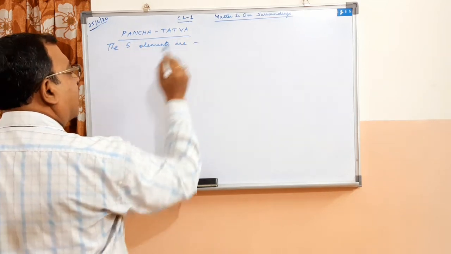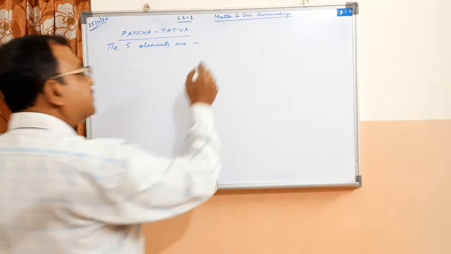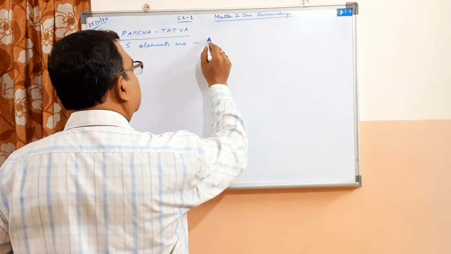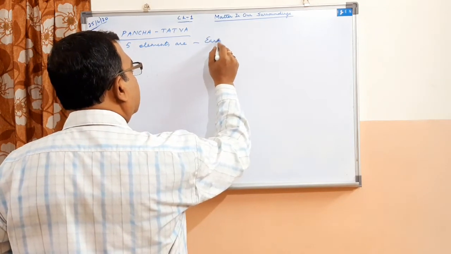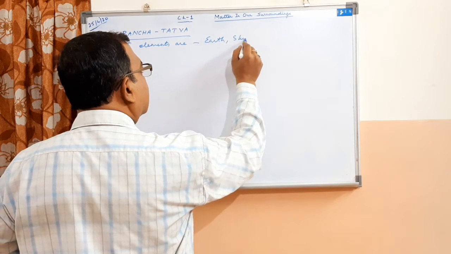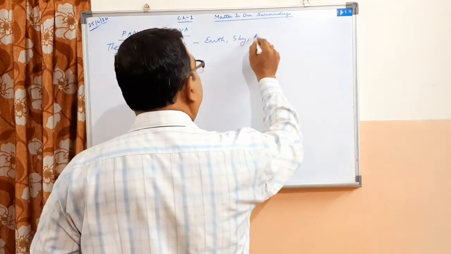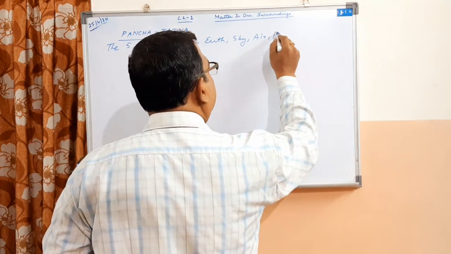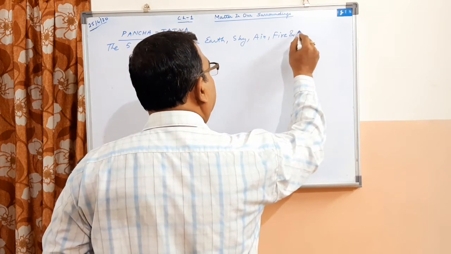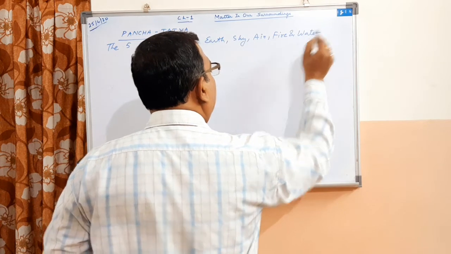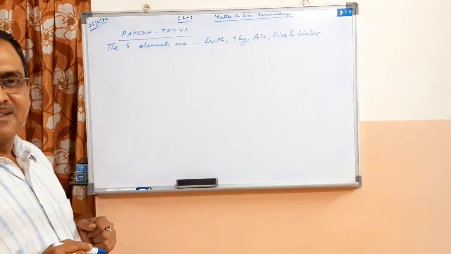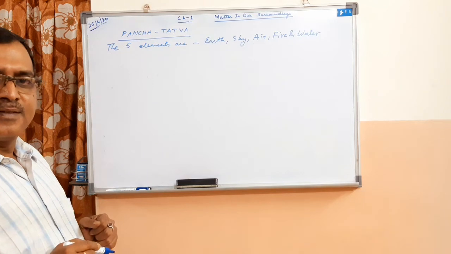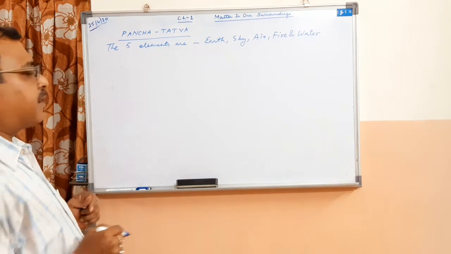The 5 elements are earth, sky, air, fire and water. Clear? Very easy way to remember, I can tell you.